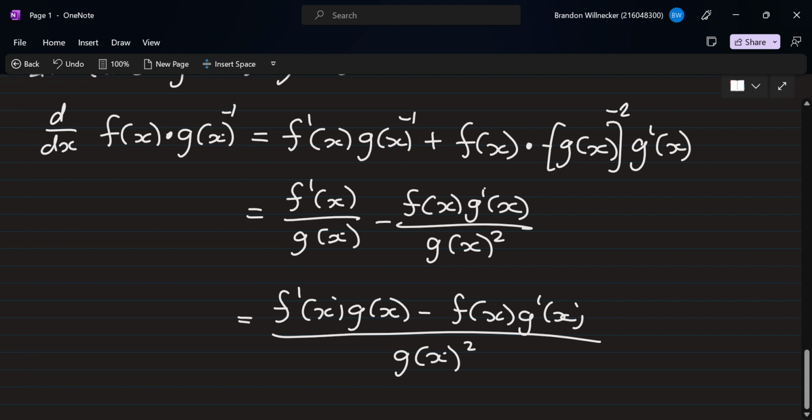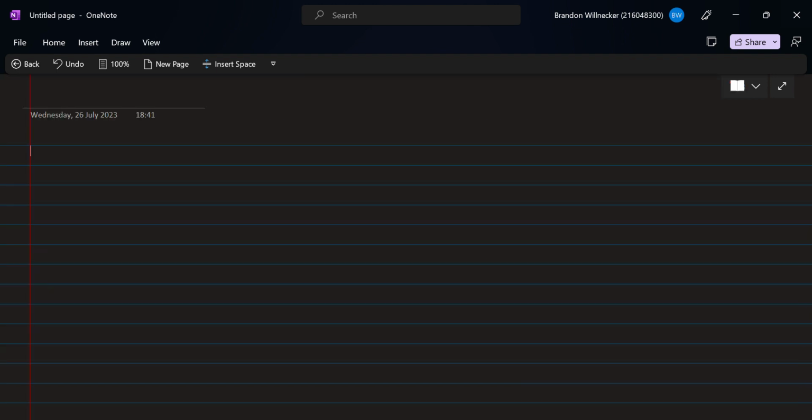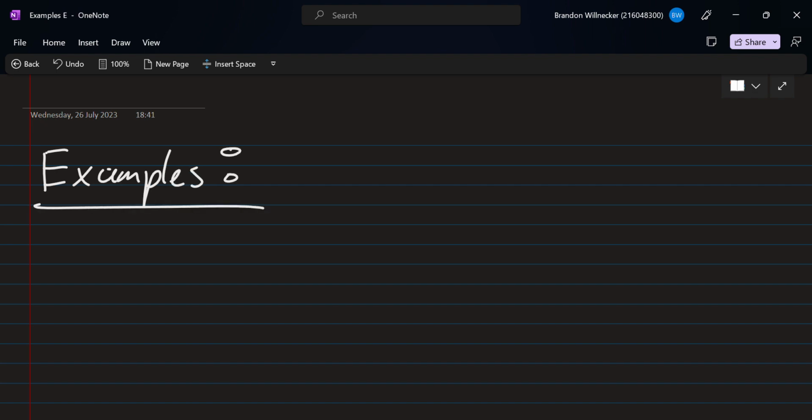Okay, let's have a look at some examples using this chain rule, product rule, and so on, and see how we calculate these derivatives. Okay, so examples. Number 1, we have y is equal to sine of x squared.